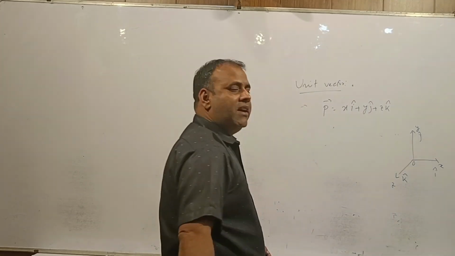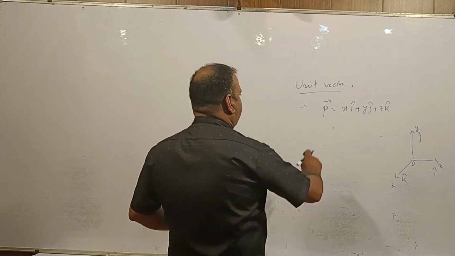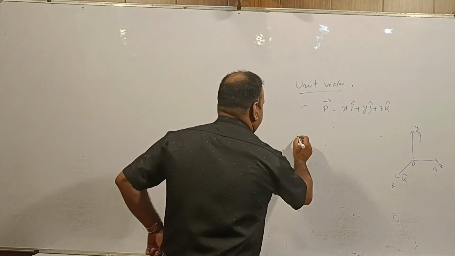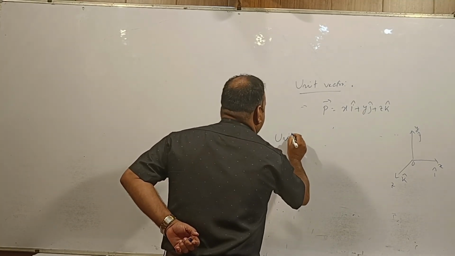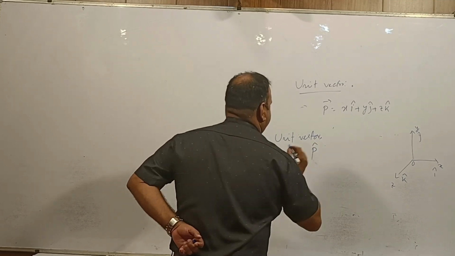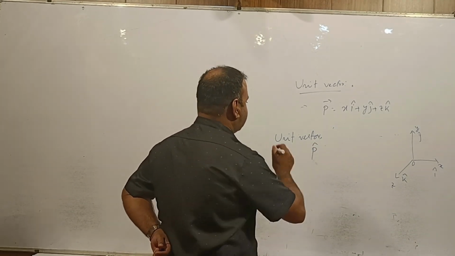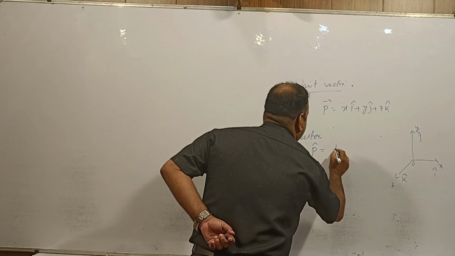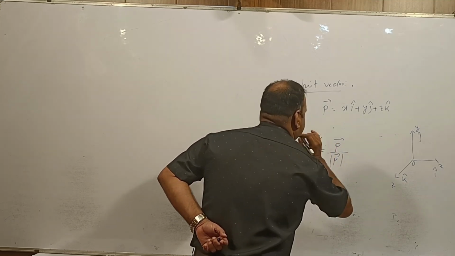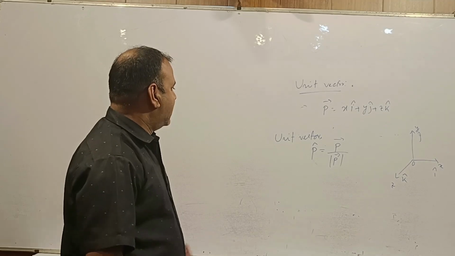Now you can see what the unit vector is. You remember, modulus I have already given to you. So unit vector means P cap. Cap represents a unit vector. So here P vector divided by modulus of P vector. This is the formula for finding the unit vector.